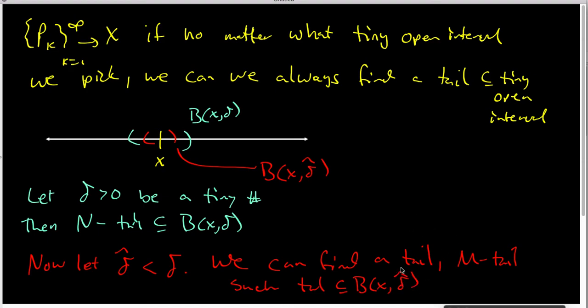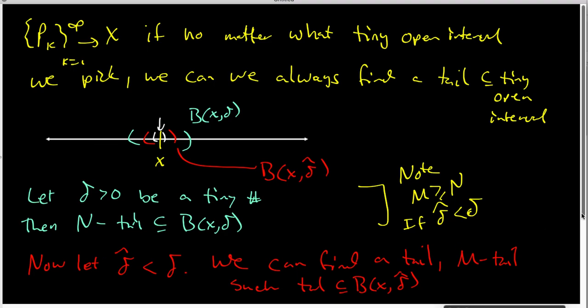And typically in this kind of situation, what we would be expecting is that the M is going to be bigger than or equal to the N when the delta hat is smaller than the delta. In other words, the smaller the delta ball, the further out in the tail we have to go to trap the tail inside the delta ball.